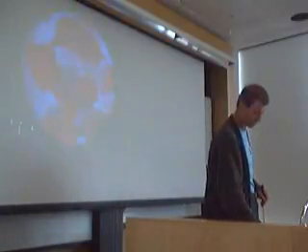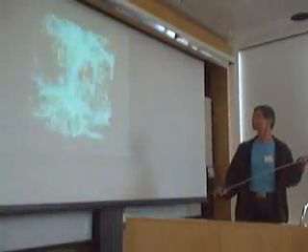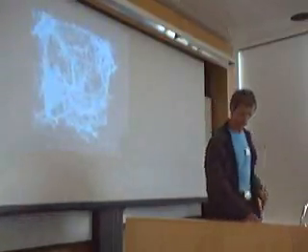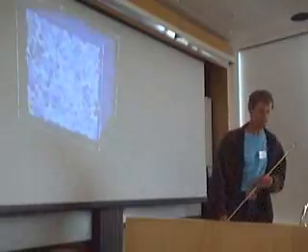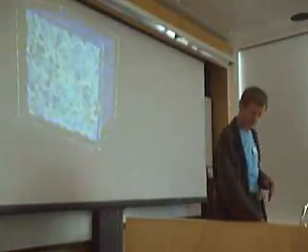I have another simulation here where you start with this particular density distribution, which is one of the Munich group, and then you just put gas in it and you do your reionization. And this is kind of a box of the stuff that you get.